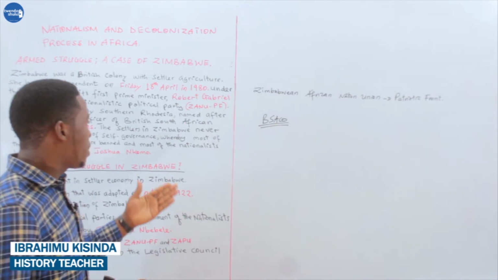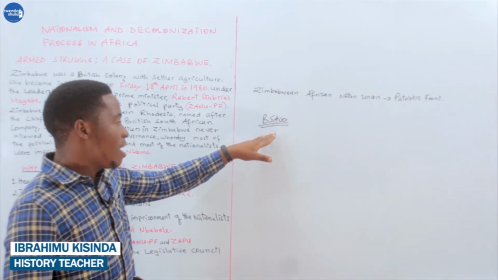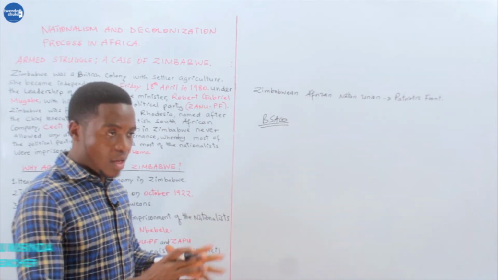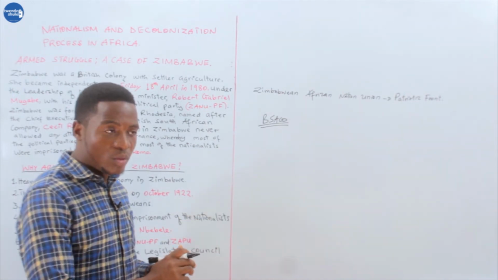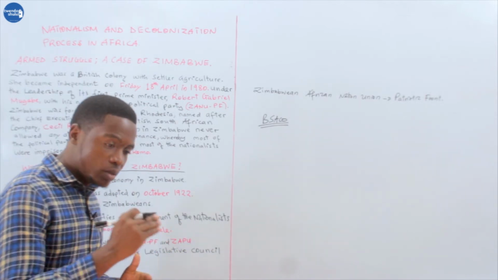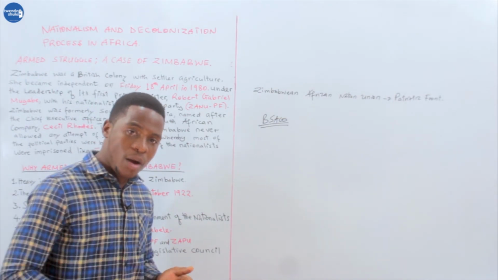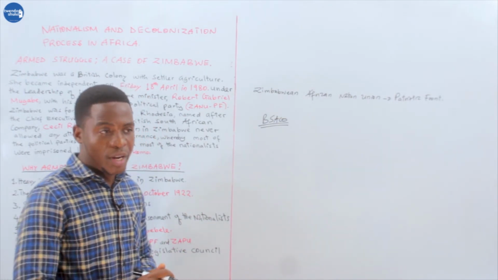And why was it called Southern Rhodesia? Because the company which dominated those areas at that time was under Cecil Rhodes. During that time, Zambia was called Northern Rhodesia, while Zimbabwe was called Southern Rhodesia.